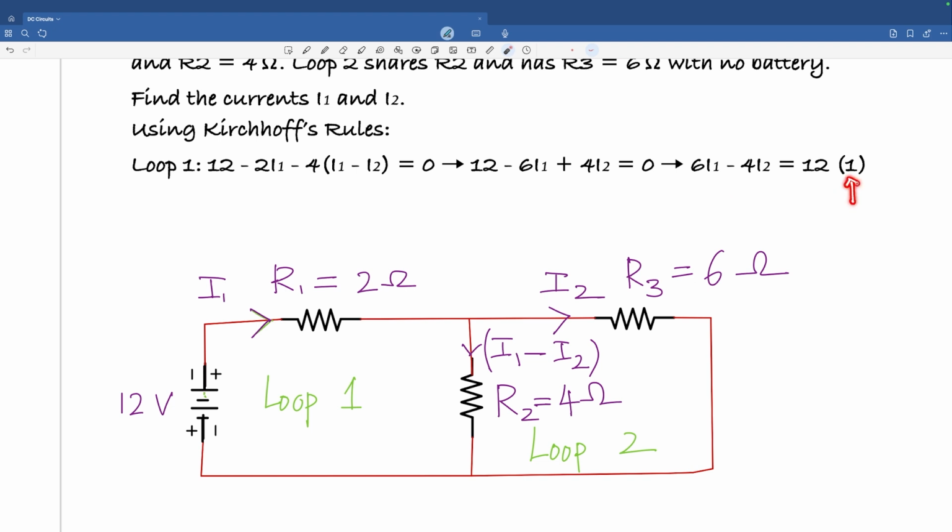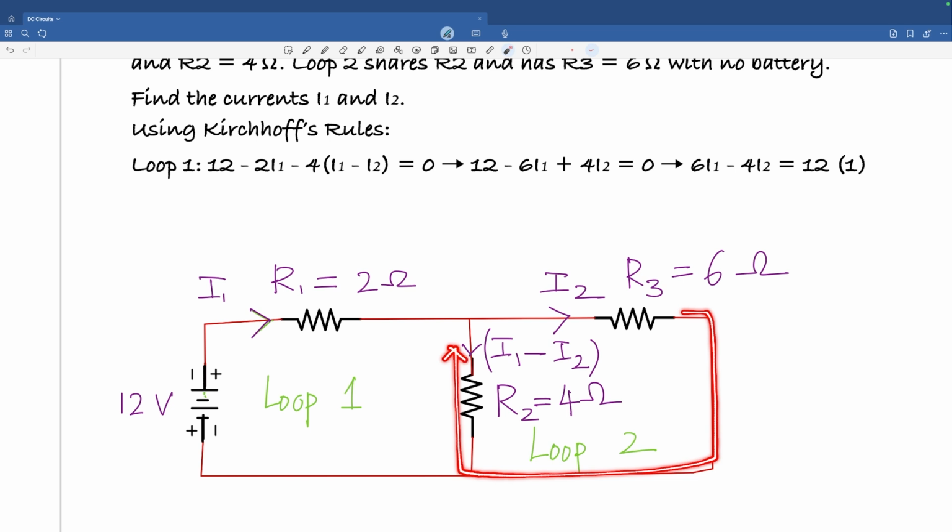Now, can you apply the loop rule to loop 2 without looking at it? You should be able to. You can start from here, and you go this way. Since you're going in the direction of the current, the potential is going to drop. So you would go 6 times I2. Then you're coming down, nothing here, and now you're going up against the current.